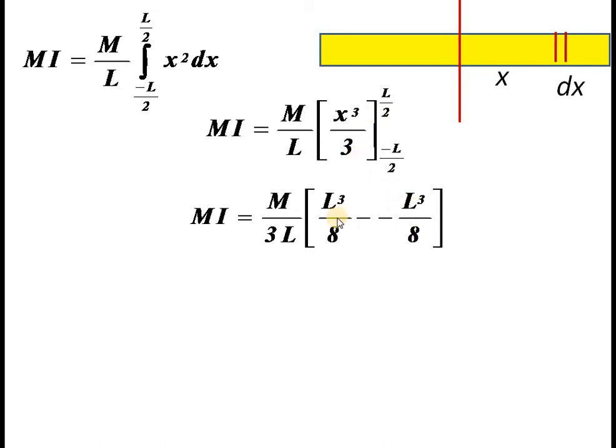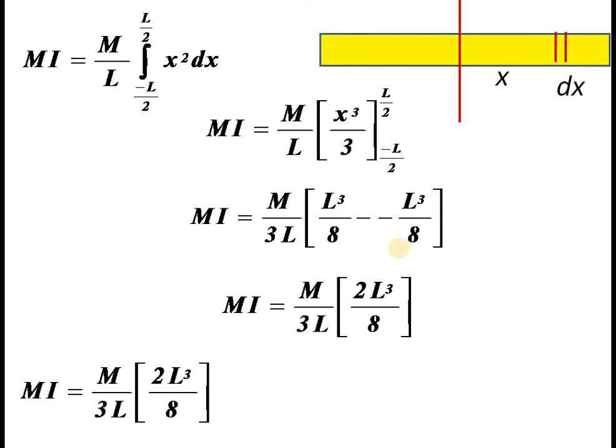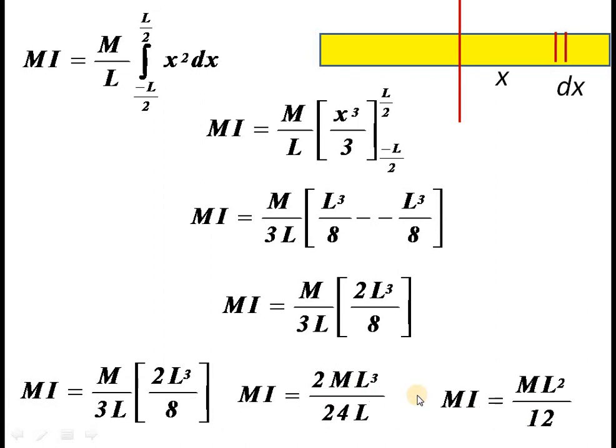This is the upper limit applied here, and this is the lower limit applied. On suitable modification you get m by 3L into 2L cube by 8. On cancellation of certain terms, you finally get the moment of inertia of the rod with respect to an axis passing through the center and perpendicular to its length: m L square by 12. Very simple.